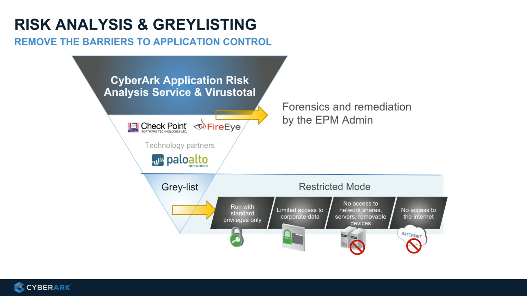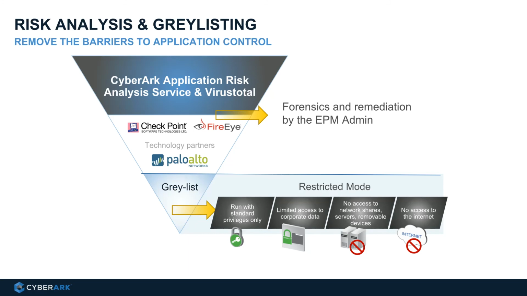So let's talk about application risk analysis. Let's say that we've got an application that we don't have a rule on, right? So there's an app that we're not sure what to do with. How do we make the determination whether or not the software can be trusted or whether or not it should be flagged as malicious?